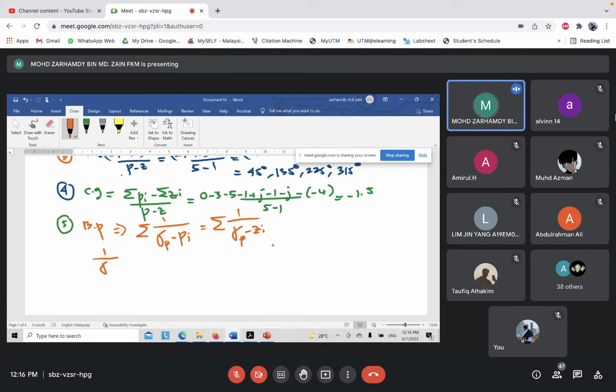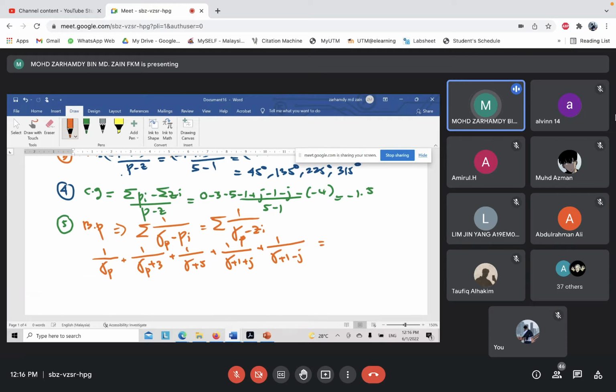So we have 1 over alpha b plus 3, 1 over plus 5, 1 plus, we have this plus 1 minus j, plus 1 minus j.